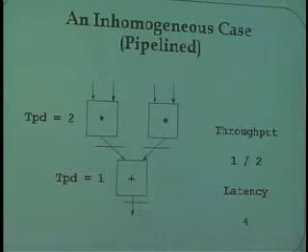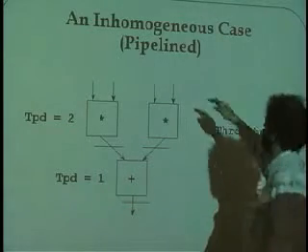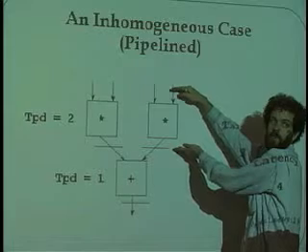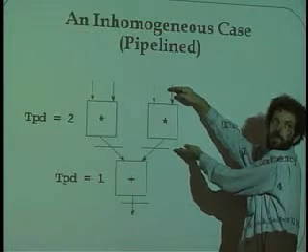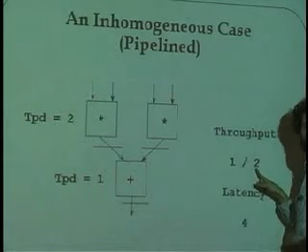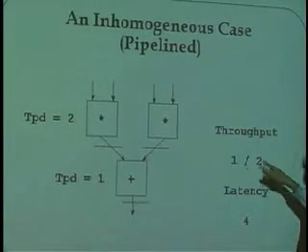The assumption, again, is that there is a circuit like this one that ends in a register that's feeding this one here, off the same clock. So what's the clock period going to be? 1 cycle every 2 time units. So the throughput is 1 over 2, 1 data item every 2 time units.